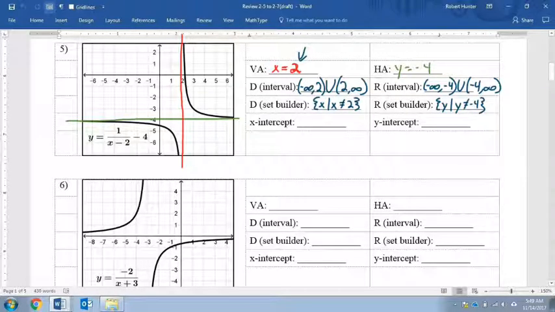Now, your x-intercept and y-intercept, those are a little more, you can't just look at the graph and see them, because you notice this one's right here, and this one's right there. So, break out your calculator and plug it in. Remember, the denominator has to be put in parentheses. Otherwise, it's not going to put in right. That is crucial. So part of the test is, do you know how to put this in the calculator?